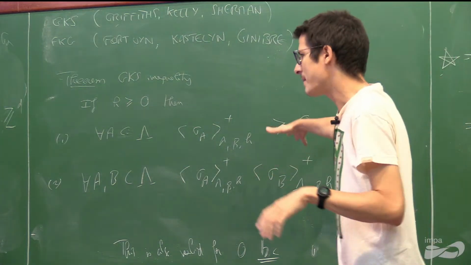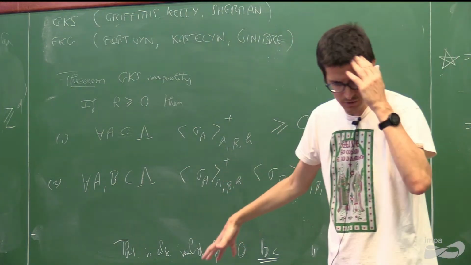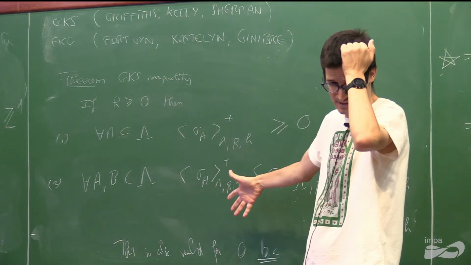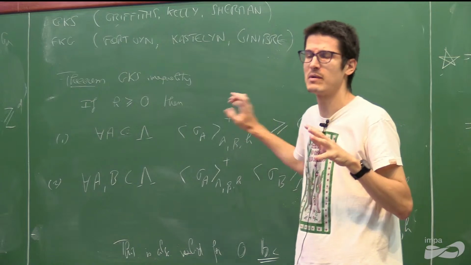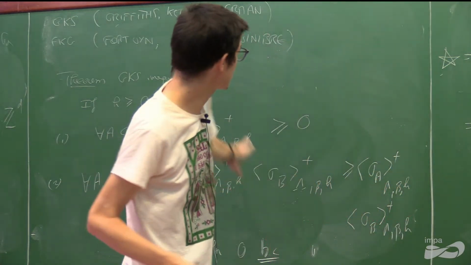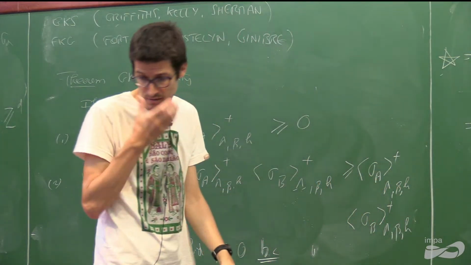In fact, it's valid with a bit more generality. You can see that in the book, and when we prove it, I will state the result in full generality. But this is the only case in which we will use it.